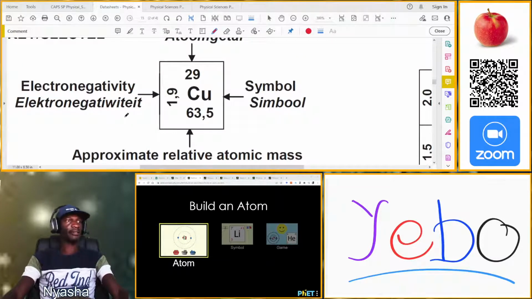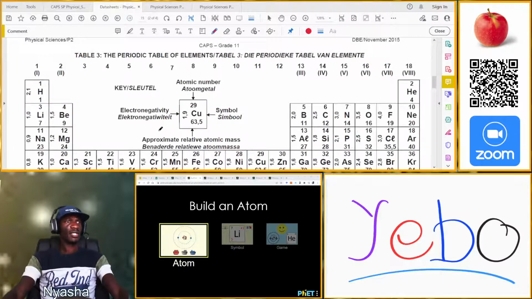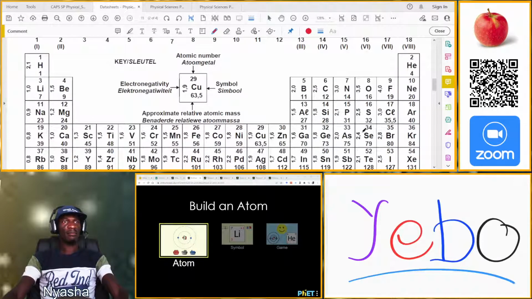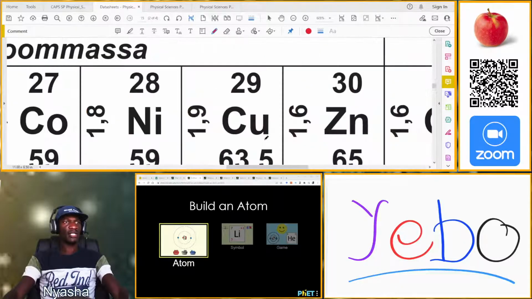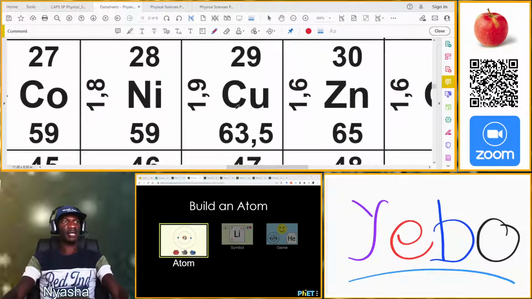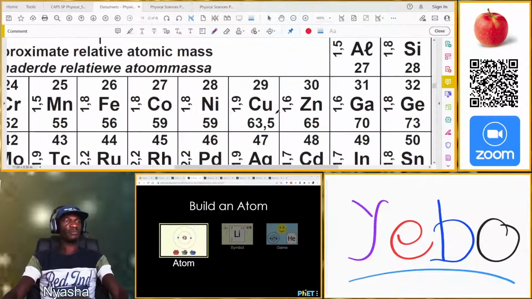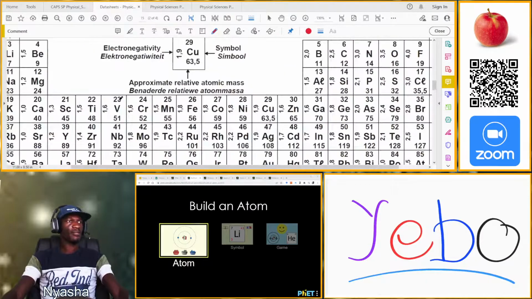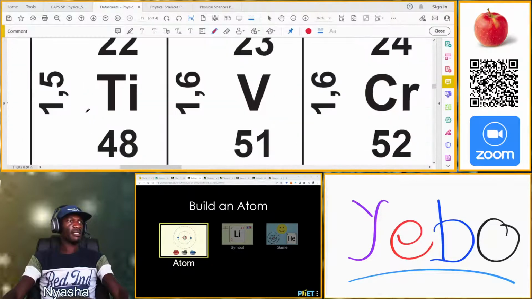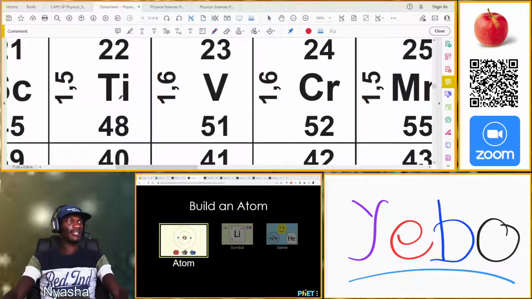Those are given there. So if we would come to any section of this table and look at copper, this is what we were shown as an example. Copper has that symbol, and then it has that atomic number, electronegativity of 1.9, relative atomic mass of 63.5 grams per mole. Then you've got other elements like this element which I like, titanium.